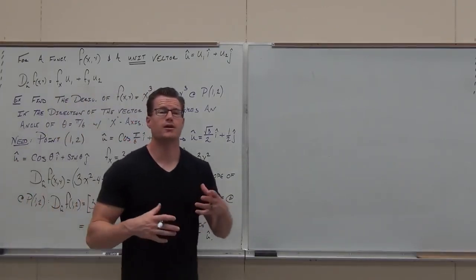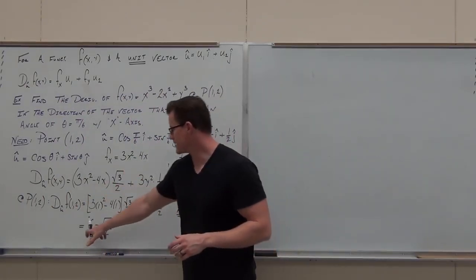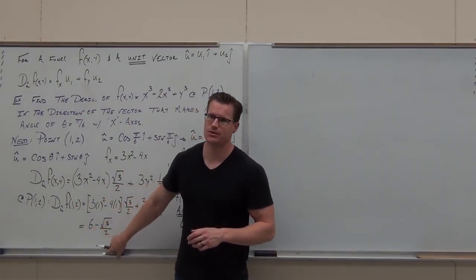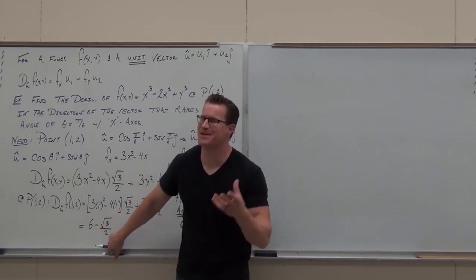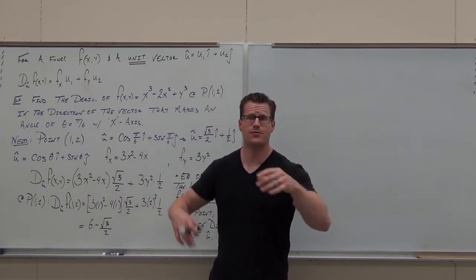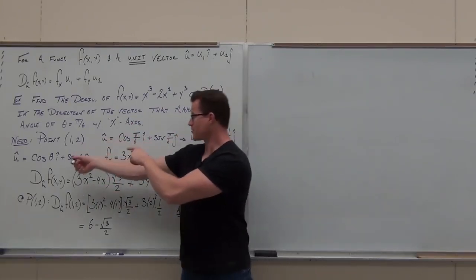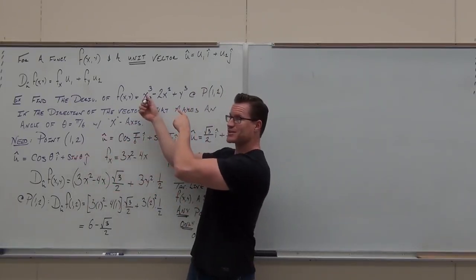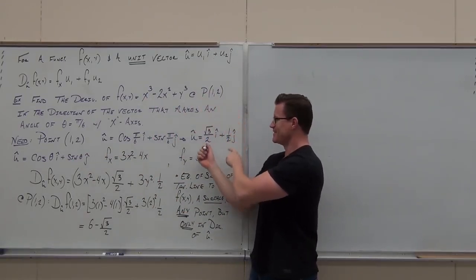But never lose track of what we're actually doing here. What is this? Firstly, is this a vector? Yes or no? Is this a number? Yeah. What does that number mean? Come on, put it all together. This is the slope of the tangent line to that surface at that point, in this direction.